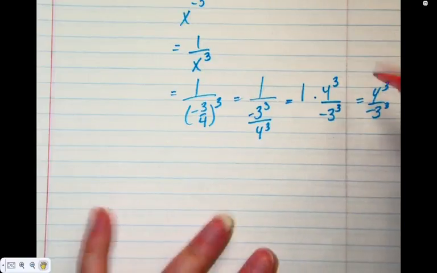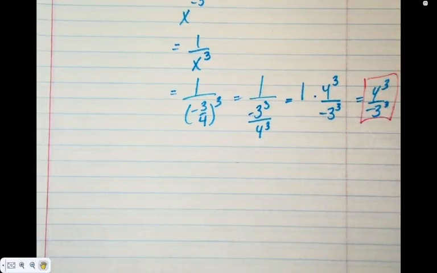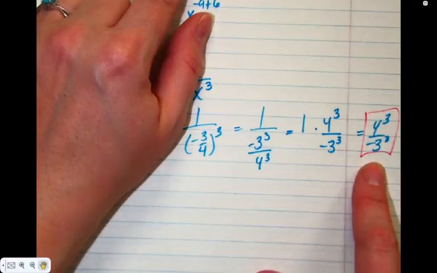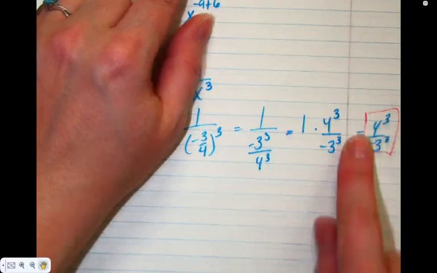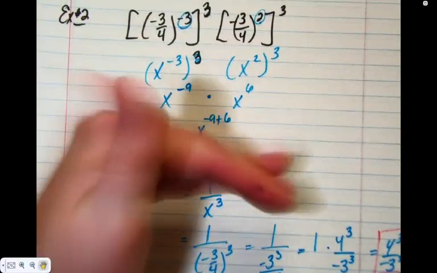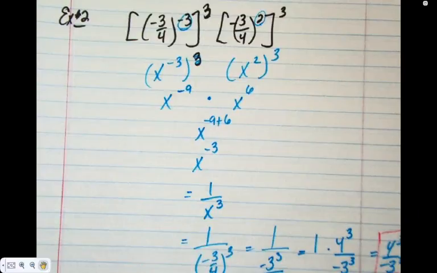Nope. Final answer. Take a look at what we started with. Take a look at what we ended with. Which one is more simple? This one. Again, this part with the x's, that's only if your brain doesn't like the negative 3 on 4. You can keep just carrying negative 3 on 4 down all the way to the bottom. It's just some people like the x's better, so that's a choice.